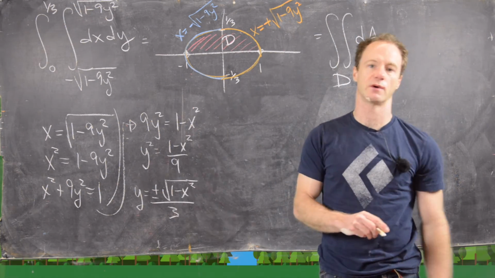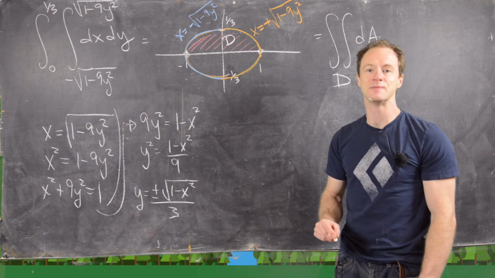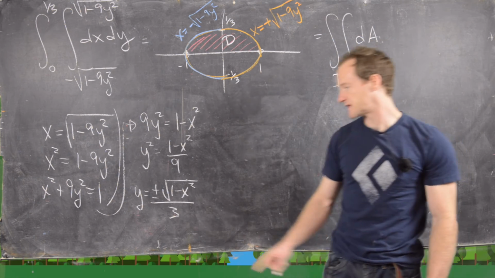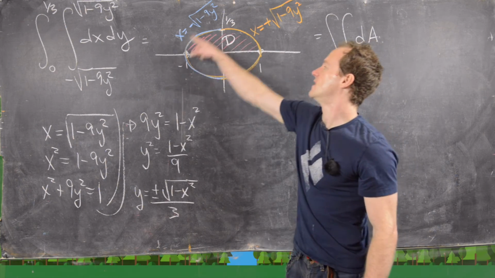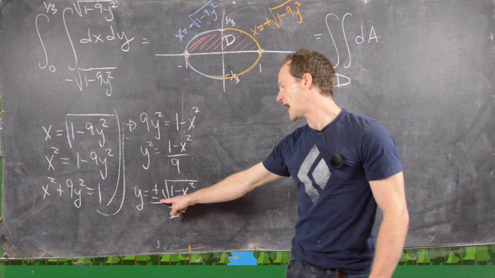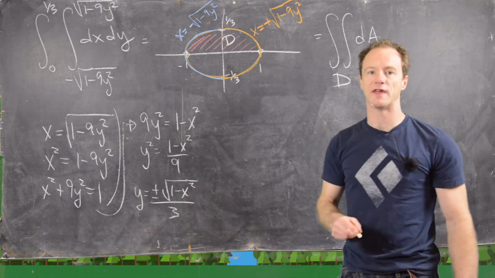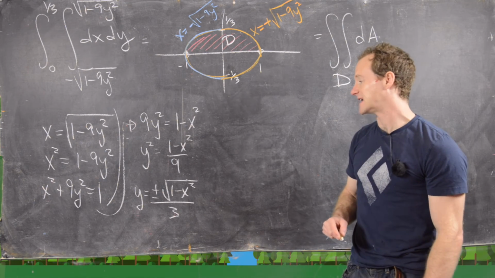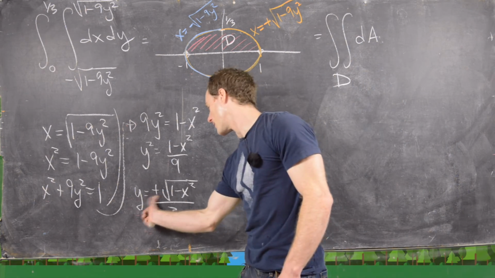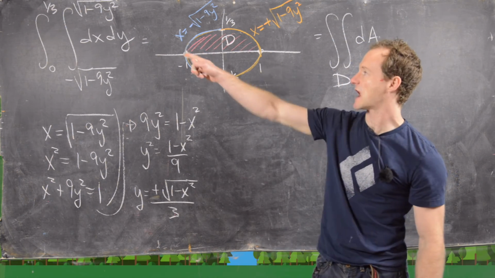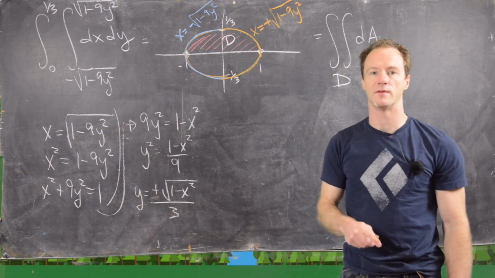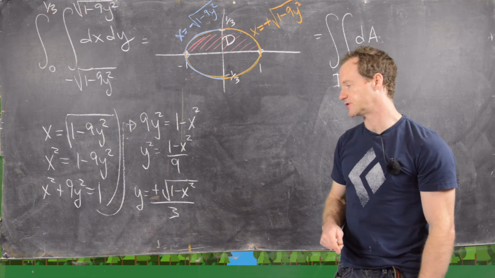So we can just take the square root of 9 as 3. Okay, now let's think about this plus and minus. So the positive square root is going to be above the x-axis, and the negative square root is going to be below the x-axis. So in our setting, we don't even care about the negative part of the square root because that's going to be down here. And notice our integral told us to only worry about the upper part of this region.